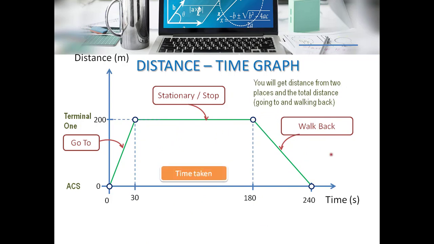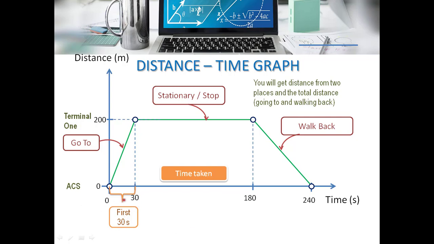So we are dealing with the horizontal, the x-axis, which is time taken. You will see here we are going to have the coordinates. The first one, usually the question will ask you, first 30 seconds. Where do I get this? 30 minus 0.